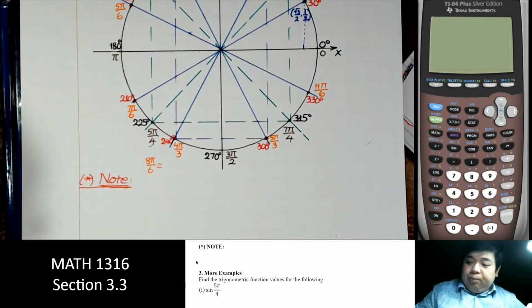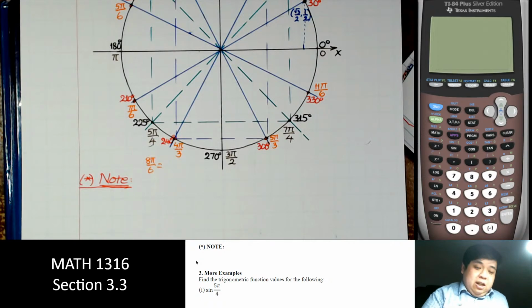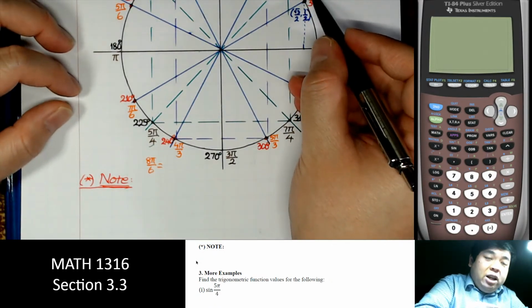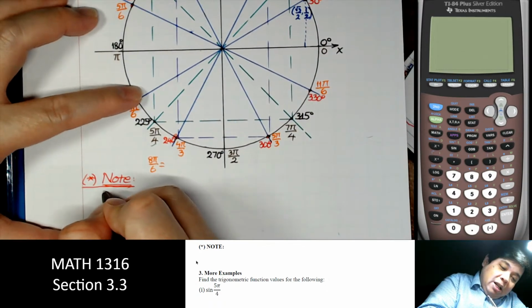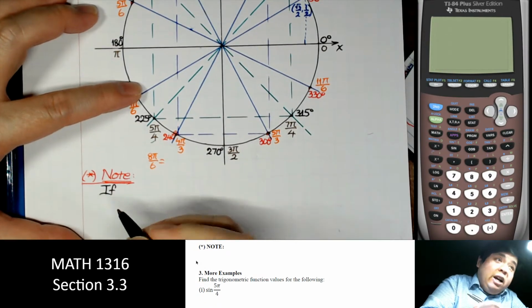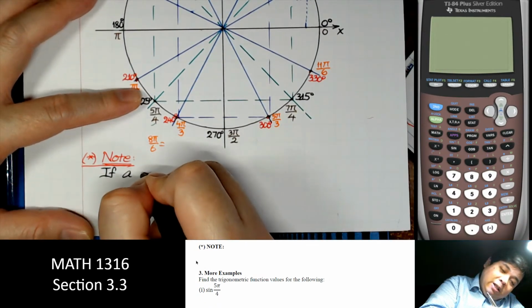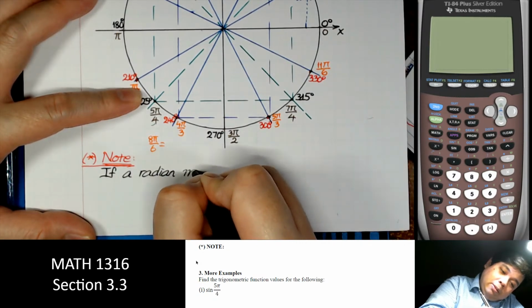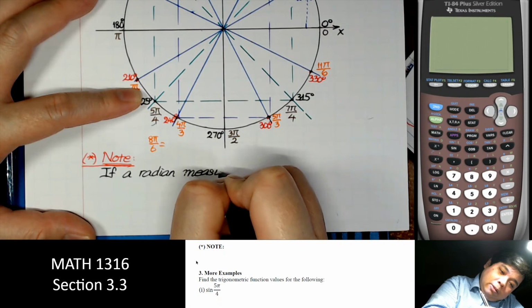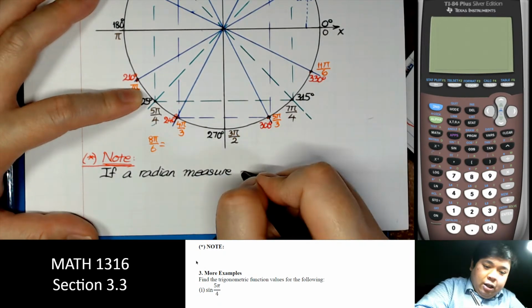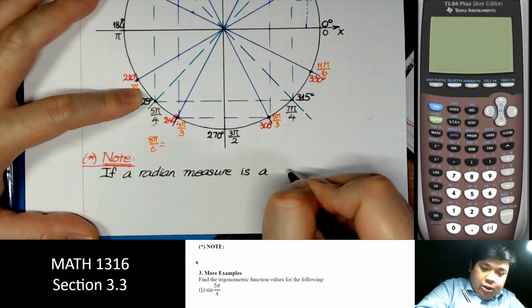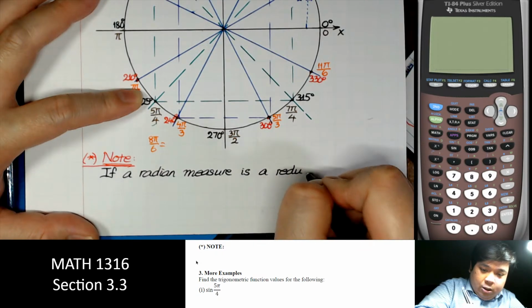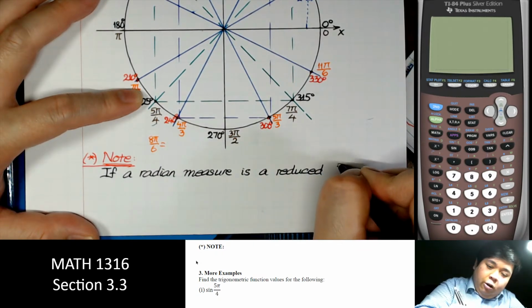That is very important. What we're trying to say is the reference angle of anything, if a radian measure is a reduced fraction.